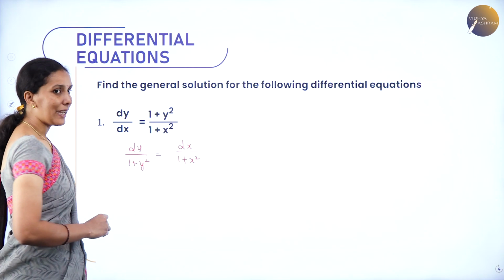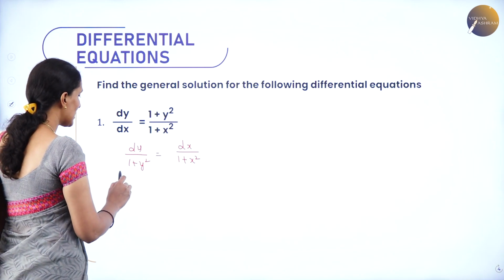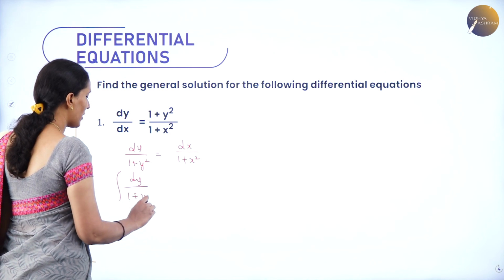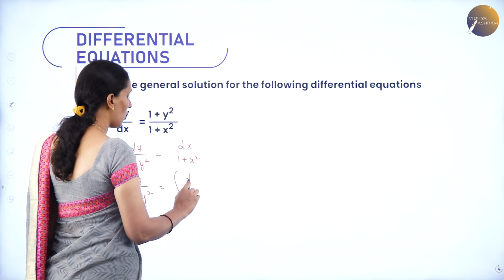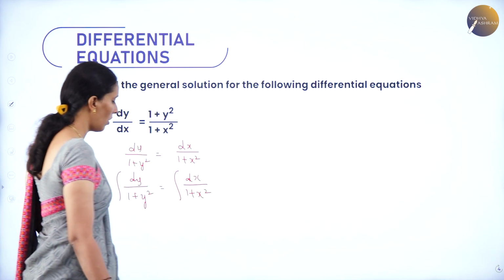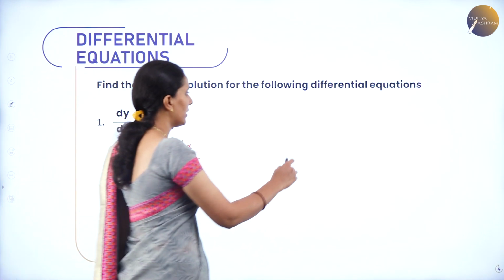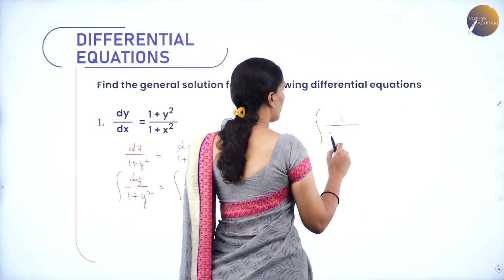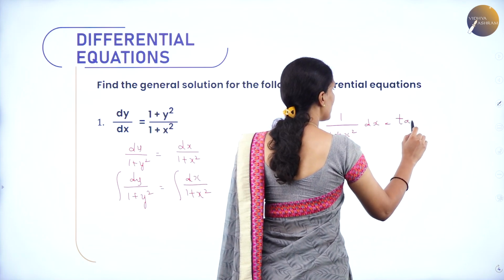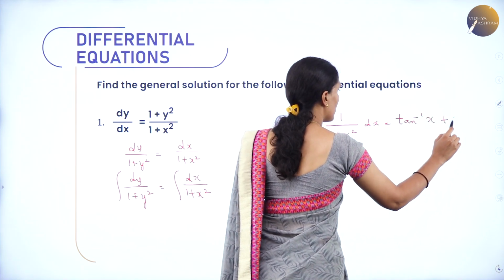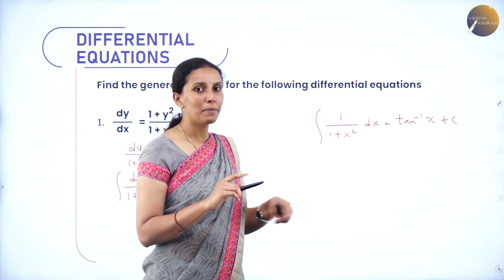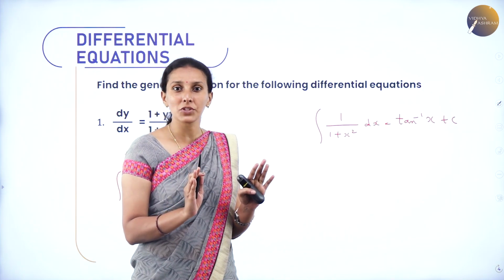So let me apply integration on both sides. Then it is integral of dy by 1 plus y square is equal to integral of dx by 1 plus x square. Now we know that the standard form, integral of 1 over 1 plus x square dx, is always tan inverse x plus c. By the properties of integrals, the variables can be changed, but the property is one and the same.